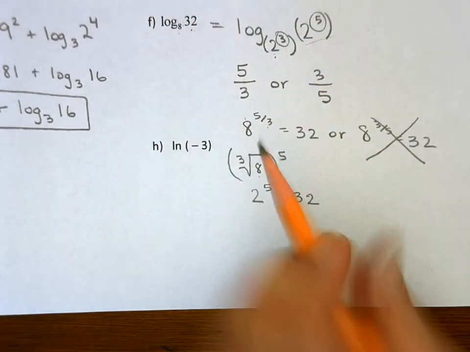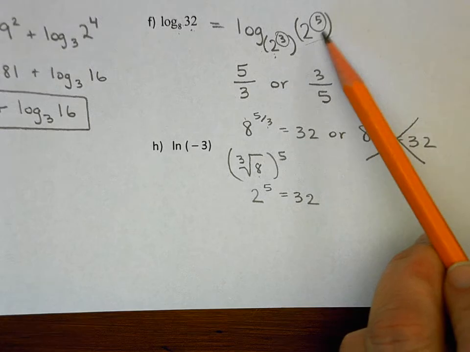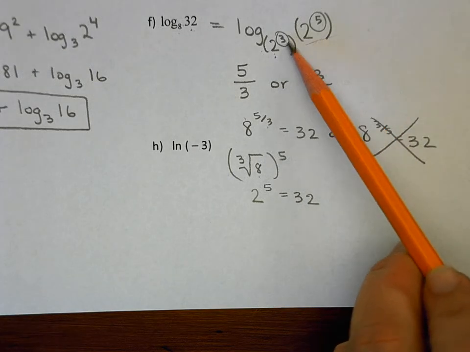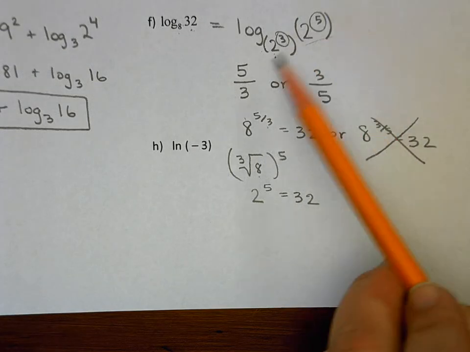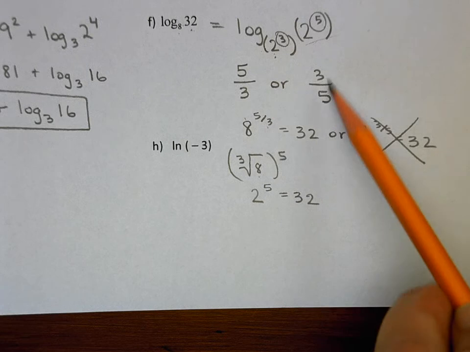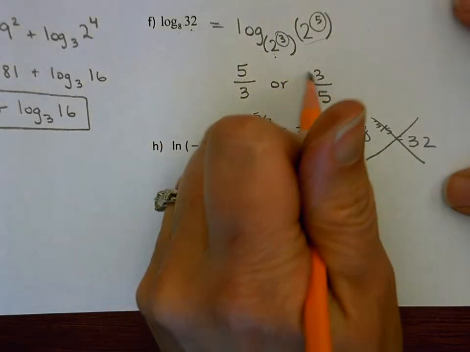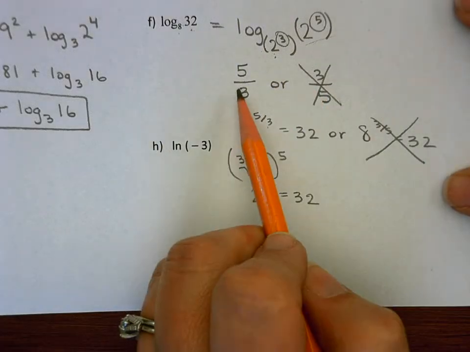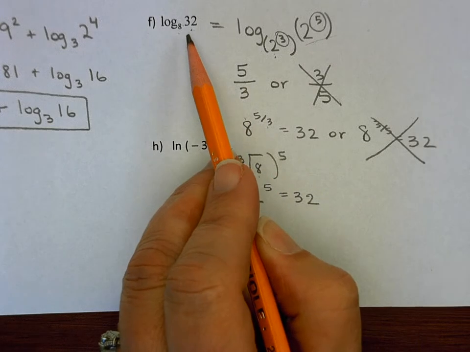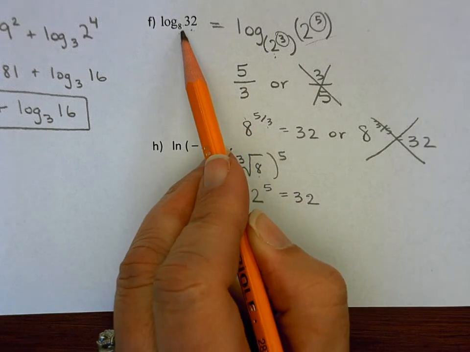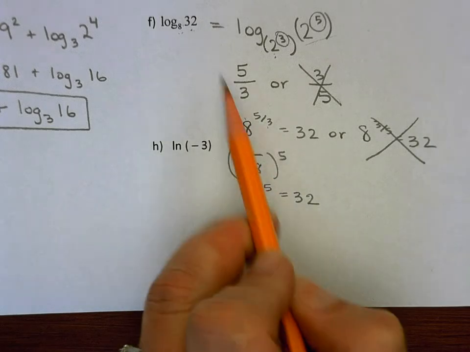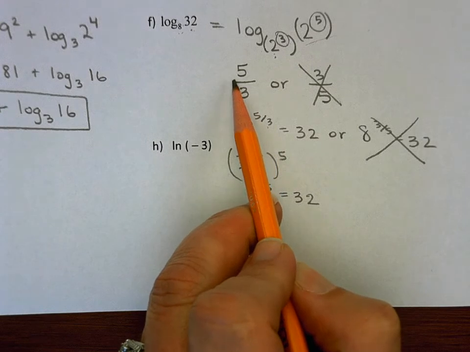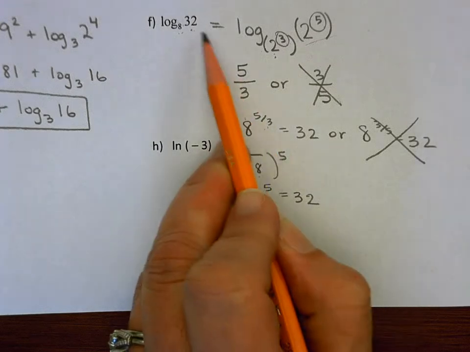If I look at that, I've got a 3 here and a 5 here. So it's either going to be 5/3 or 3/5. We decided it wasn't this one, but I checked this one. If I take 8 and raise it to what I think is my answer, which is 5/3, I should get 32.